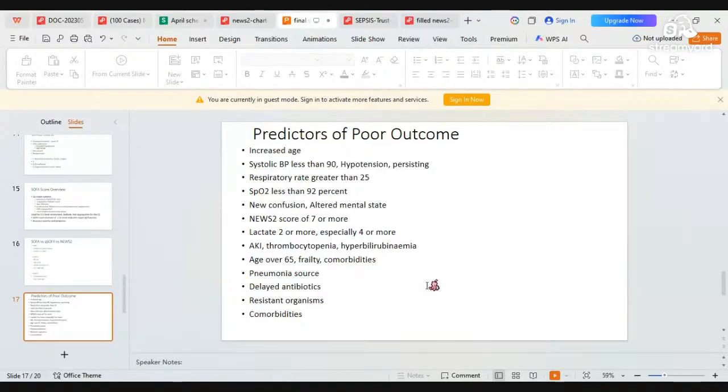And then also very significant is your ability to institute or give antibiotics early, especially in this case where you have been able to stratify this patient as very high risk, you need to give her empirical antibiotics within the hour.